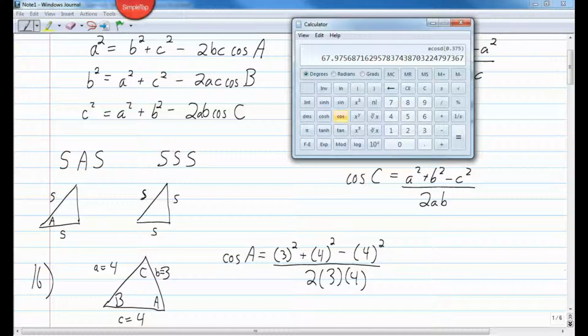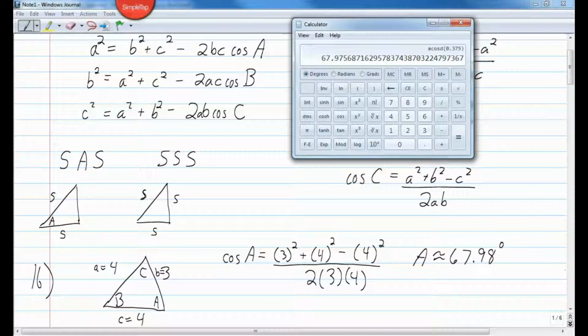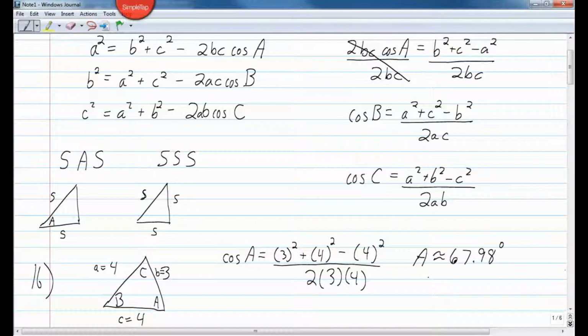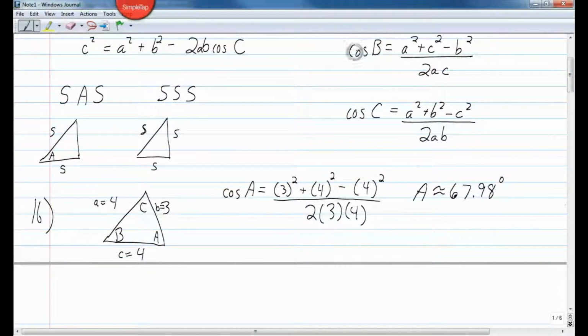Right, I'm going to round to 2 decimal places. That's 67.98 degrees. So angle A is about 67.98 degrees. All right, now I'm going to solve for angle B using the cosine of B formula.